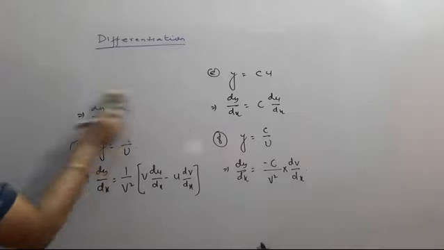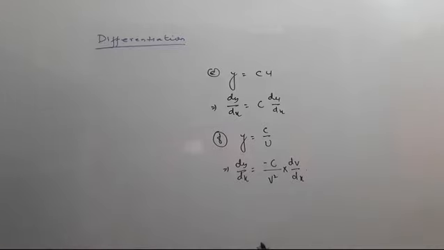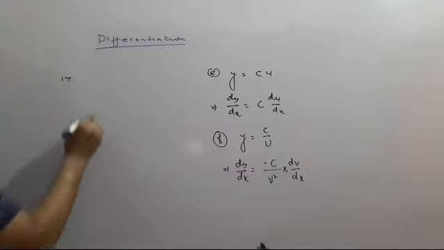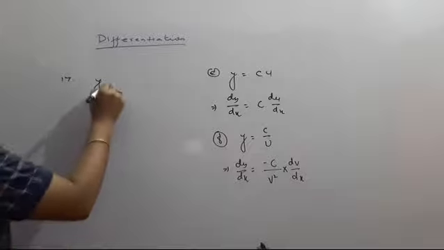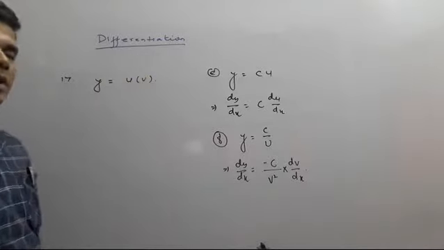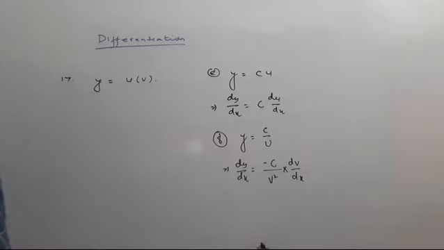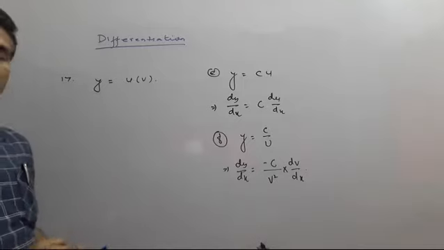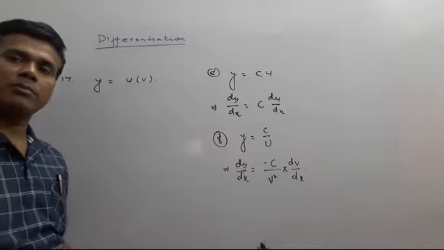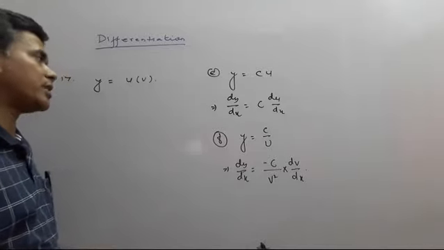Next is number 17. Suppose you are given a function like this, y equals u of v. Now my question: what type of operation is in between u and v? Is it additive, subtractive, multiplicative or quotient?